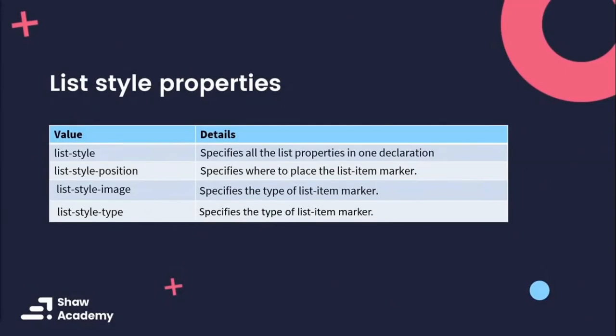We also have the list style position, and this specifies where to place the list item marker. Next, we have the list style image, and this is something we went over. Here we can reference any graphic that we want to include as opposed to using the default solid disk. And then lastly, we have list style type, and this specifies the type of list item marker associated with a list or a navigation bar.